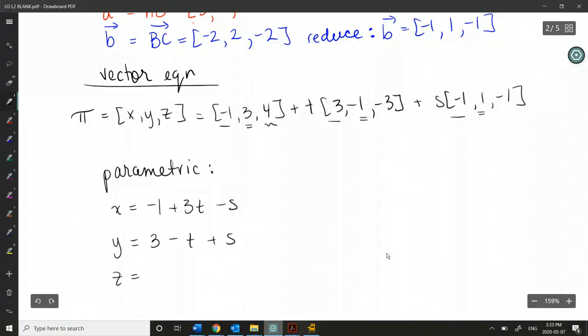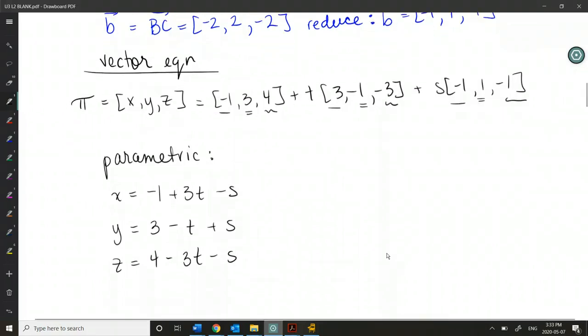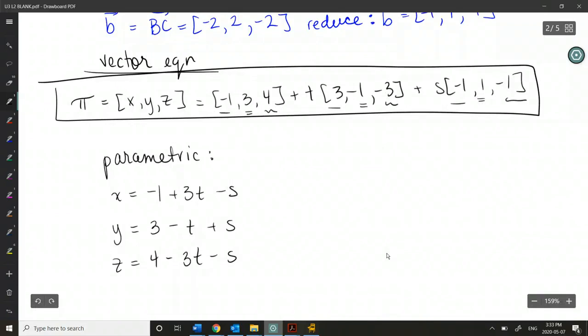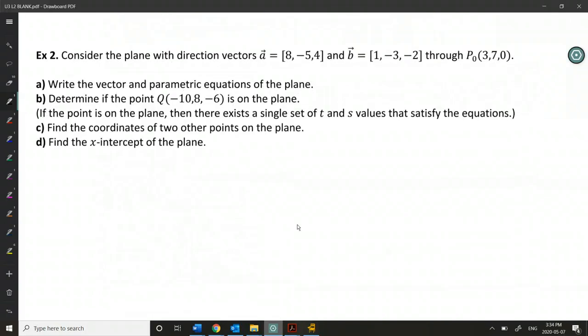And then z. These 3 pieces of information here. All right, so there you have it, the vector equation of the plane, and the 3 parametric equations that make up that plane.